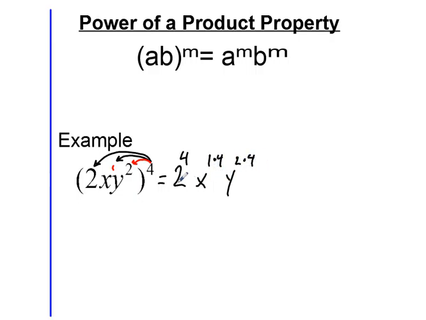Notice written this way, each of the terms now has a power of 4 on it. Just in the case of the x's and y's, we do need to multiply it using our power of a power property. So I end up with 2 to the fourth power is 16.